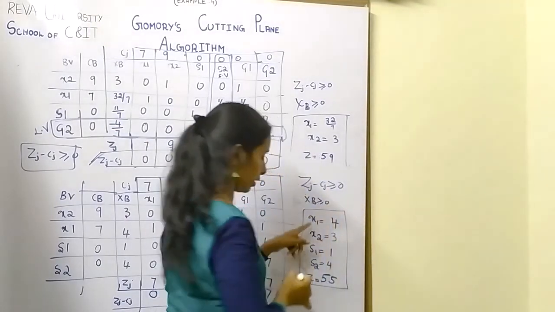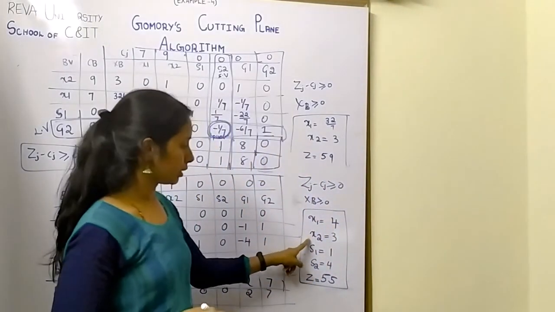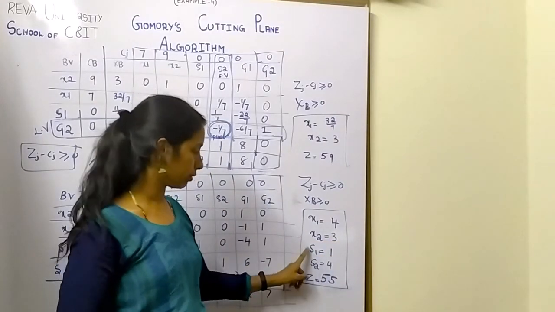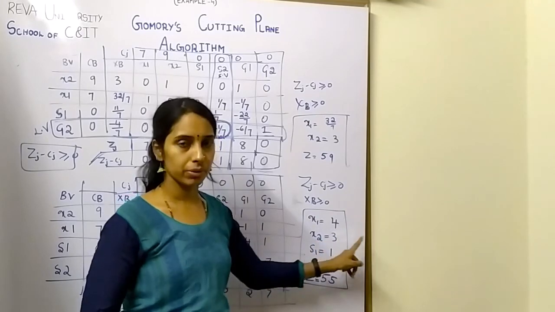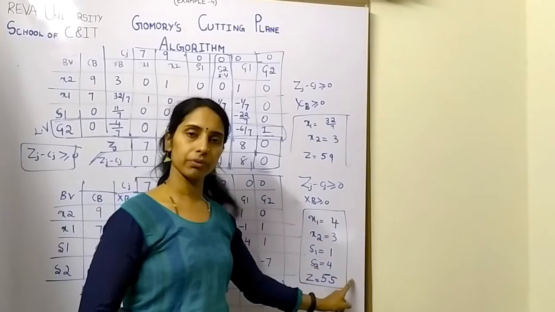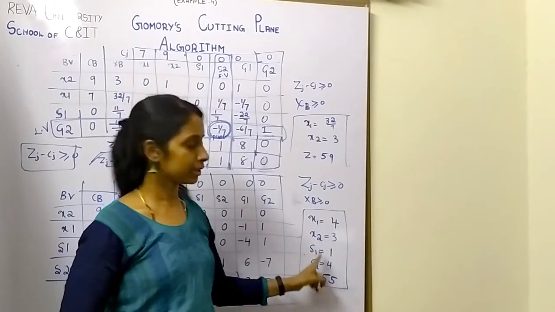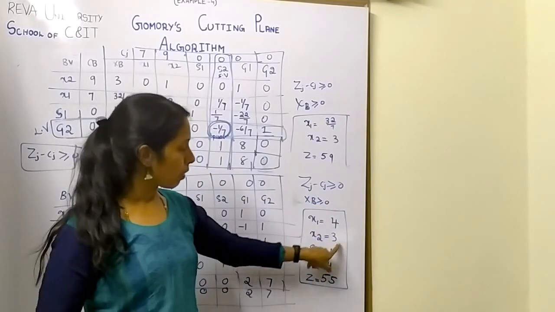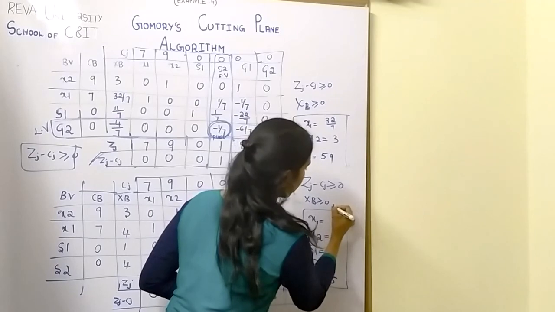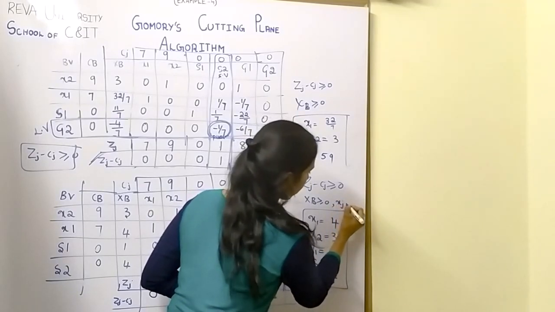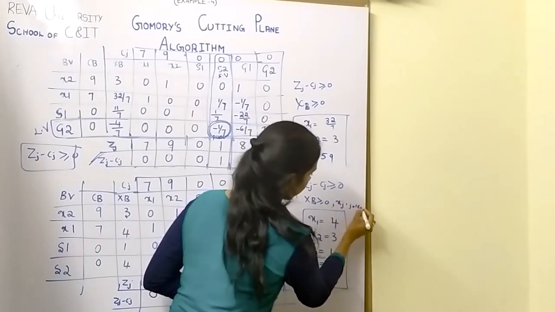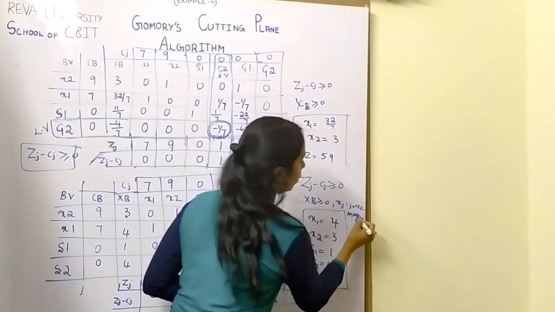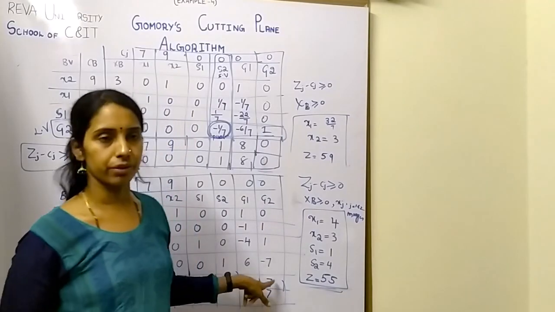These are the values. x1 is equal to 4, x2 is equal to 3, S1 and S2 are not required, but S1 is equal to 1, S2 is equal to 4, Z value is equal to 55. Check whether all these are positive and integers. Yes, all these are positive and integers. Xj, where j is equal to 1 and 2, are integers. So you have to stop the iterations here.